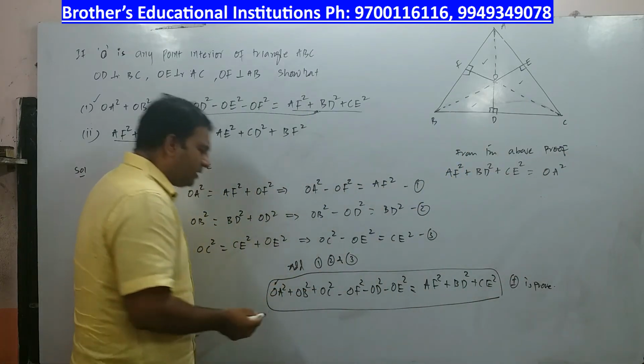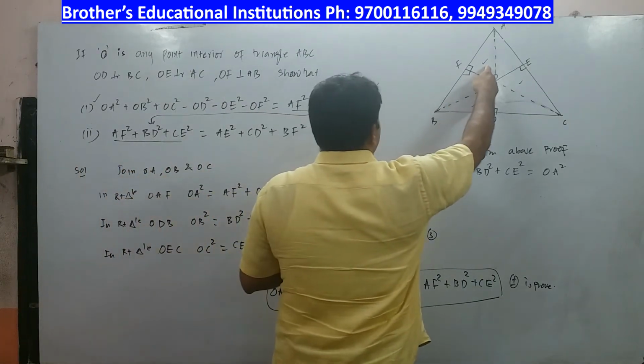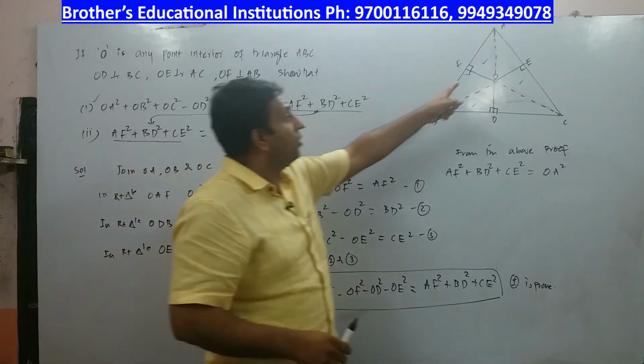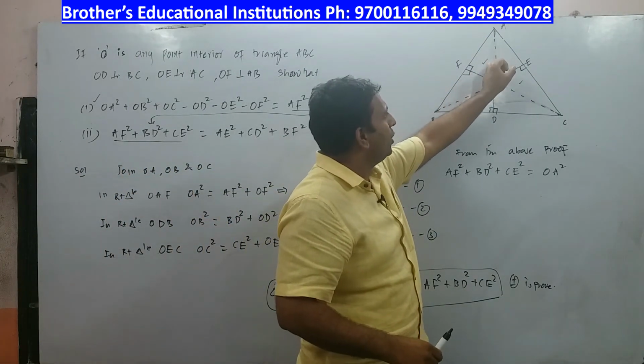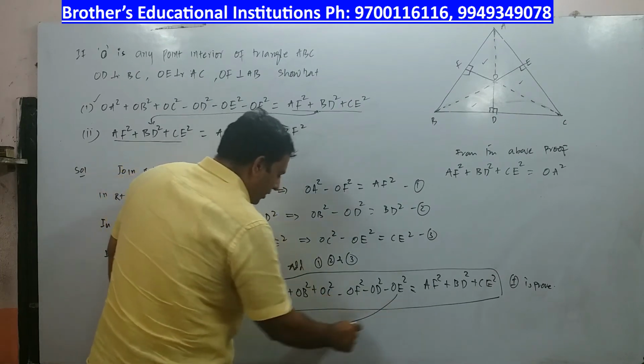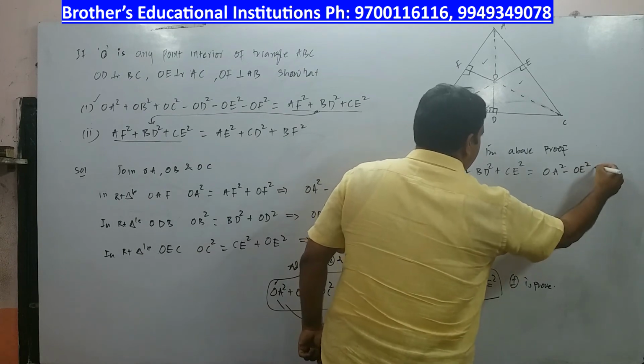Now along with OA square, what am I going to write? See, last time I took this triangle, right? Now you have to take the consecutive triangle. After you have involved OA square, just check whether you are having any OE square. Along with OA, you are having OE. So I will take OA square minus OE square. I will make this as a group.